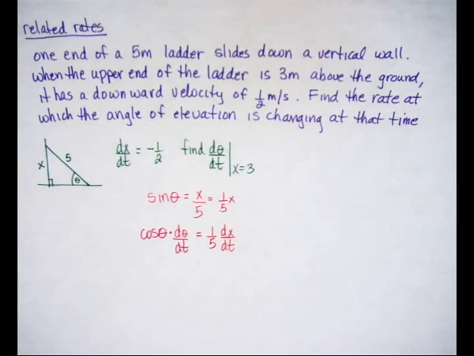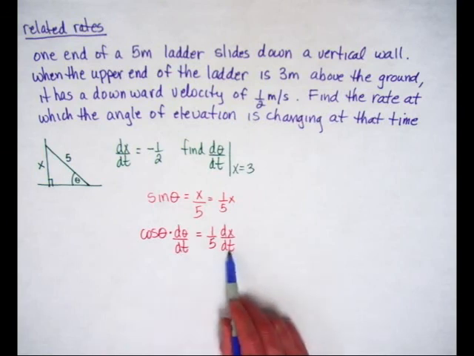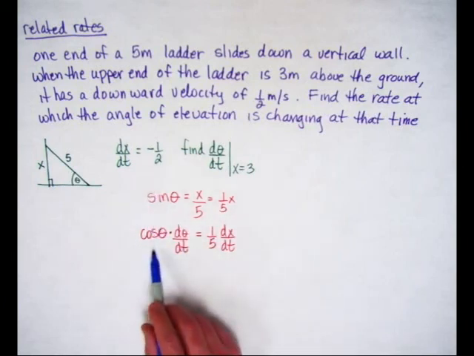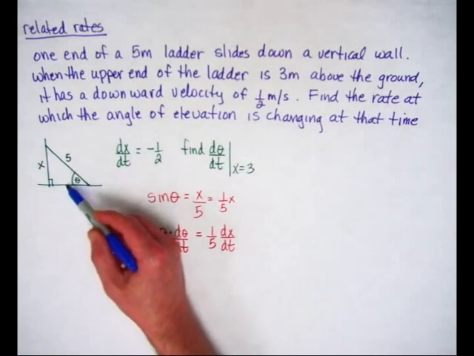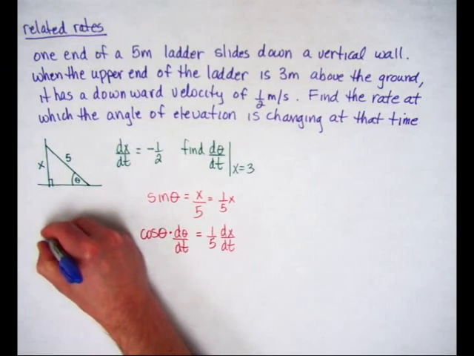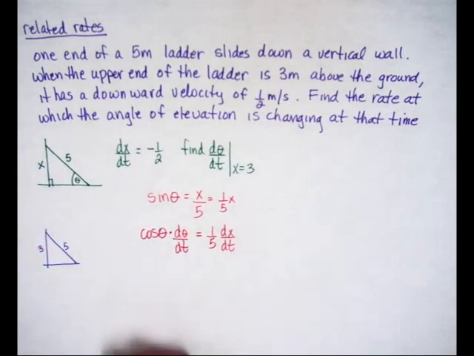Now we just need to plug in the values that are necessary to solve. We're trying to solve for dθ/dt. So to do that, we need to know two things. We need to know dx/dt, which we do know is -1/2. But you notice that we need to know the cos of theta. So at the moment that the ladder is sliding down the wall, our ladder has slid down so that it is 3 meters above the ground.